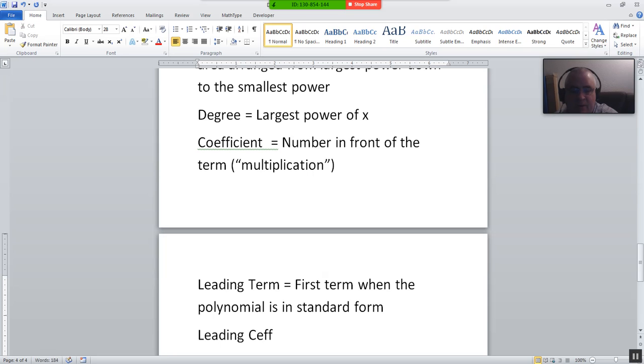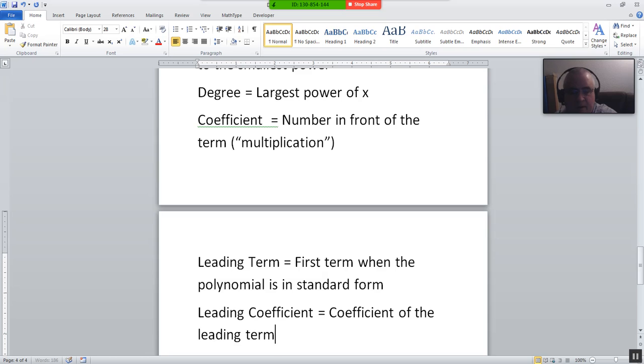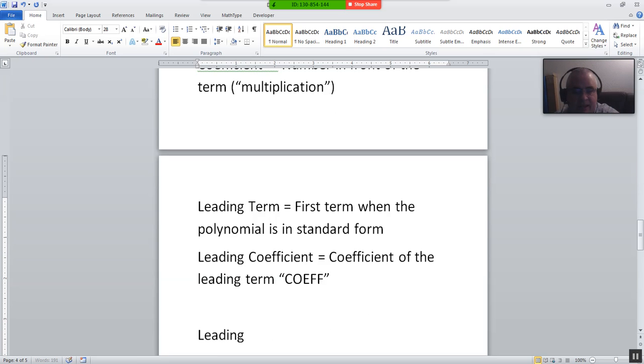We got the leading coefficient, which is the coefficient of the leading term. And I'm going to refer to this as Coefficient for purposes of what we're going to look at here. There's a lot of coefficients, but when I say Coefficient all uppercase like that, I'm referring to the coefficient of the leading term. We got the leading coefficient test.